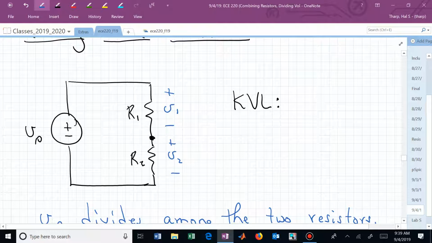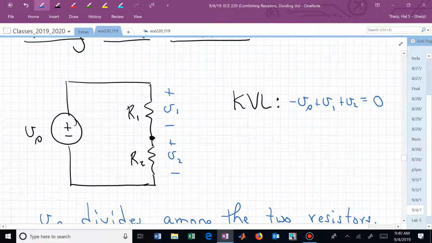What you could do when you start looking at these circuits is just say, I'm not quite sure what I'm after. Let me just start labeling, and give yourself some time to get comfortable with what you have in front of you. Here, if you wrote a KVL equation, do you see that that would be minus V sub S plus V1 plus V2 is equal to 0?